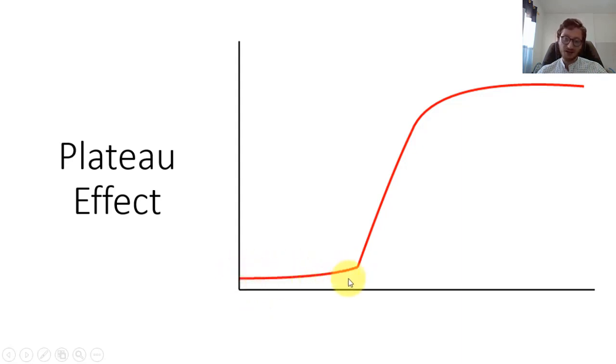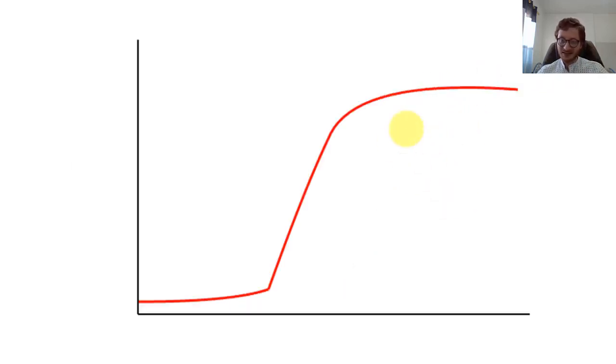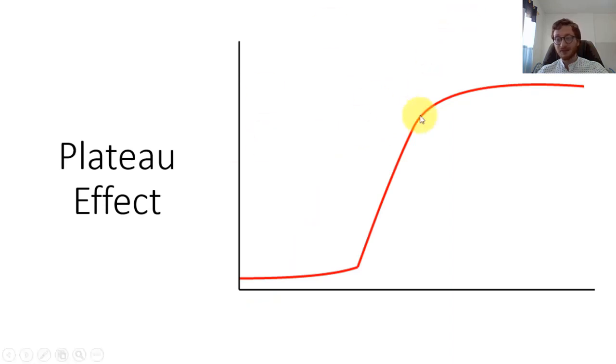If this is the concentration, this is the efficacy. We saw earlier it didn't increase. After a certain point, it goes up, so it's a really good linear relationship. Up again to a certain point where we strike a threshold, and after that, anything that increases results in a plateau. So it's horizontal again, just like in the first stage. So this is called the plateau effect.